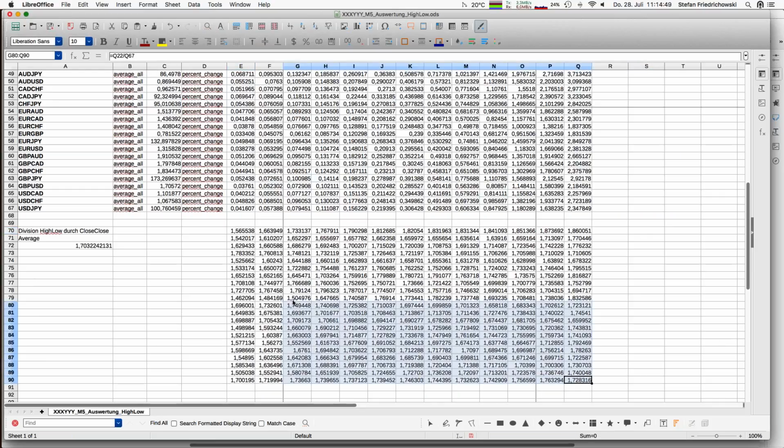If you have a closer look at those numbers, and I did already an averaging of all those numbers, then you can see it's a constant factor of 1.7, more or less constant over time, constant over underlying. That means you can, out of one number, get all the others just by multiplying.